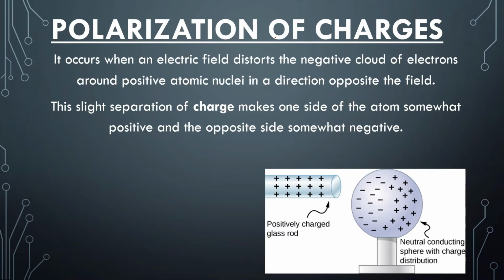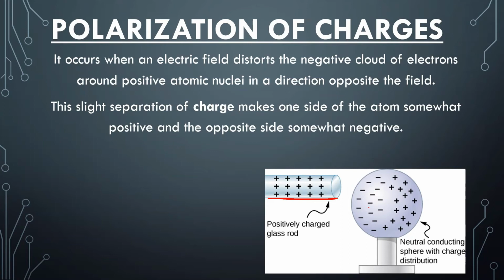In the polarization of charges, for example, in this sphere, if the rod is not around, the particles inside this sphere will be scattered.